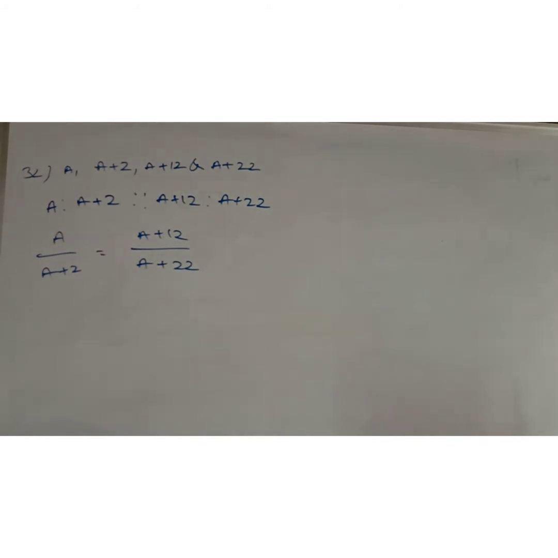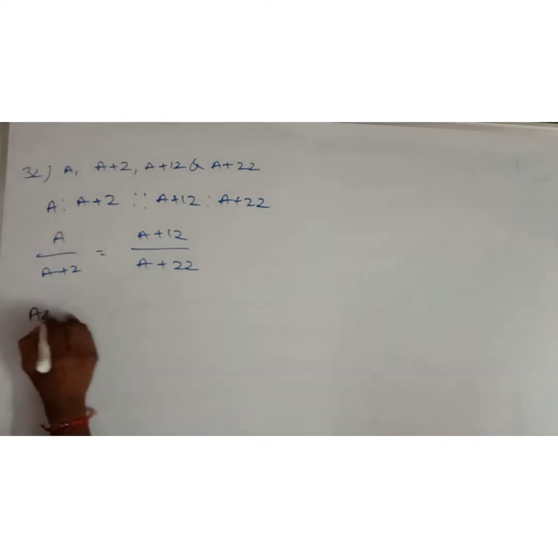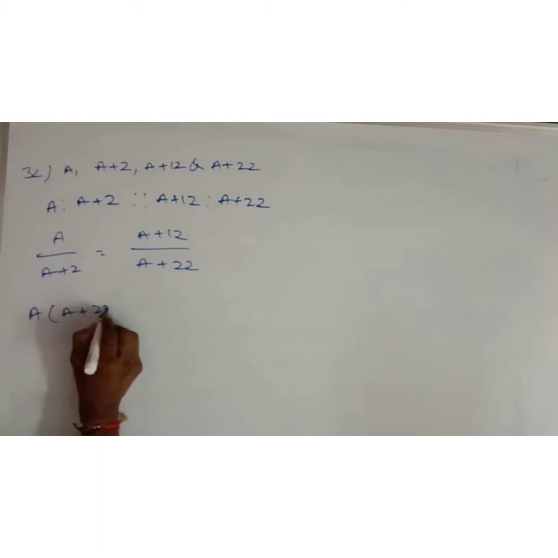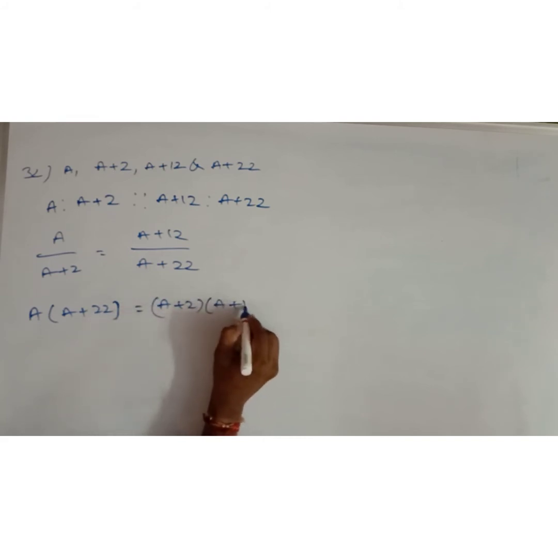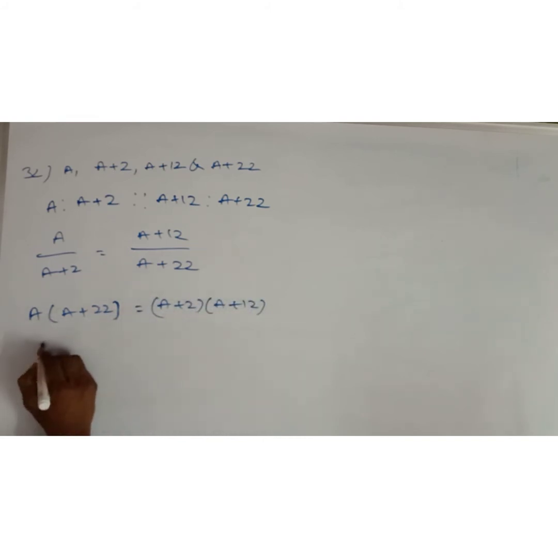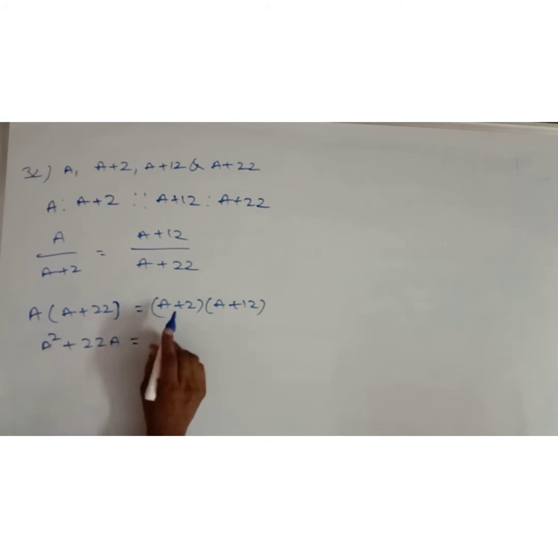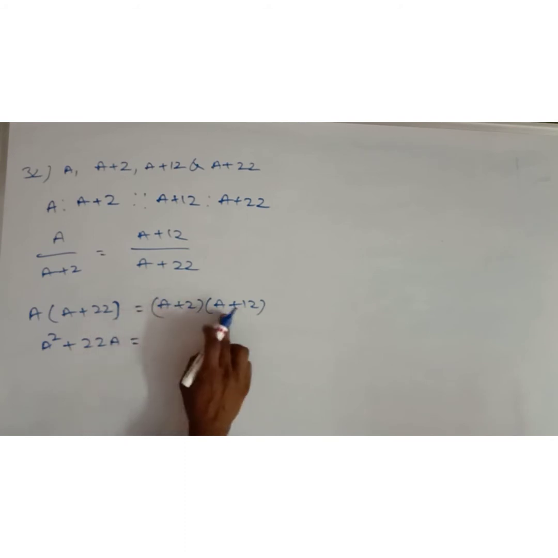Okay. Now do the cross multiplication. A into a plus 22 is equal to a plus 2 into a plus 12. A into a is a square plus 22a is equal to a... The first term should be multiplied to the total second bracket, and the second term also.